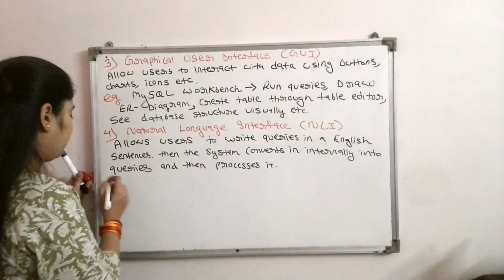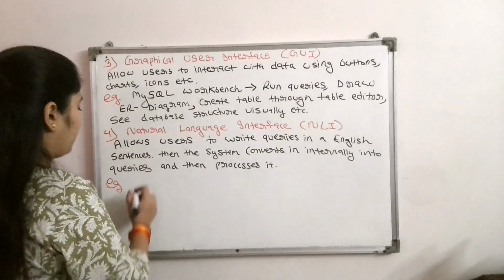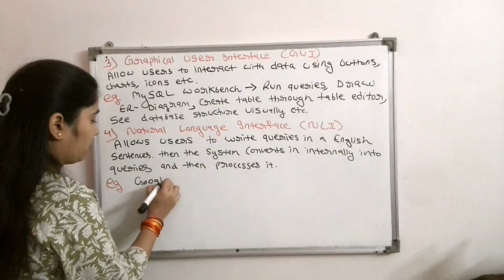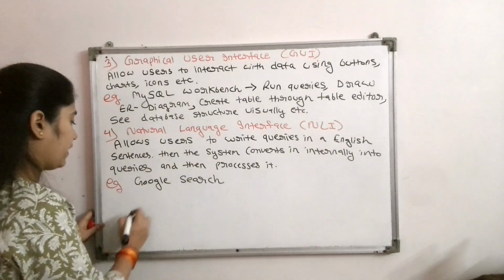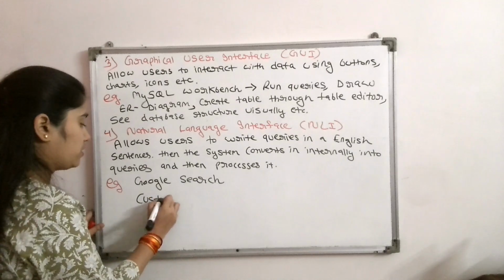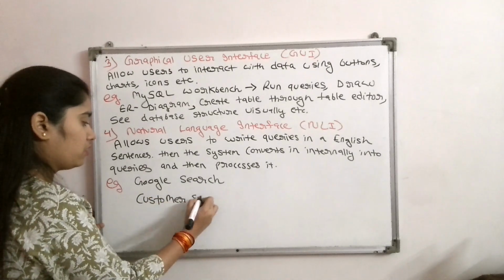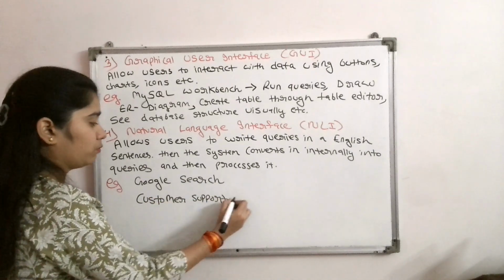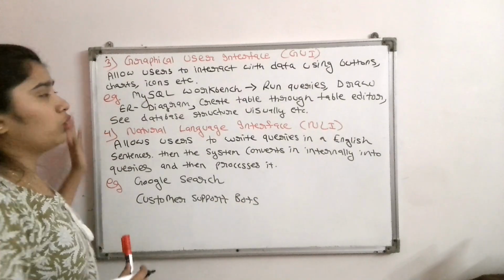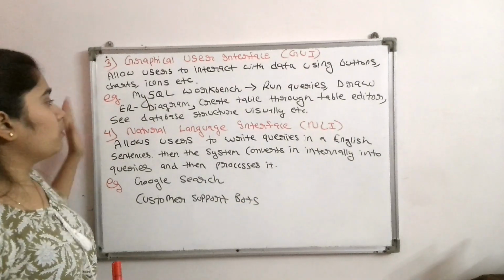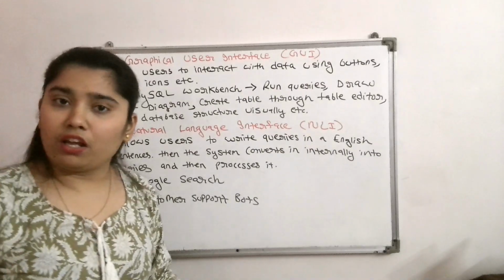Examples: we have seen Google search, and the second example we have seen is customer support bots. I hope you are clear with both of the types. In both types you do not need any technical knowledge.